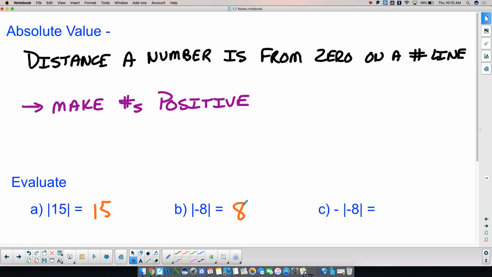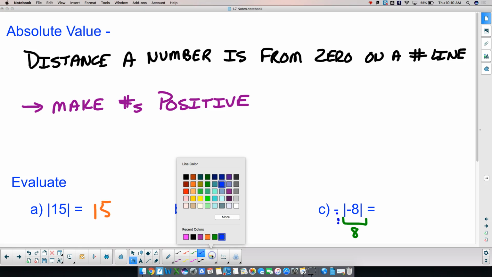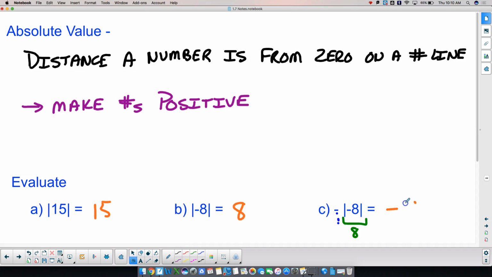What's the negative of the absolute value of -8? -8, because the part inside is 8, but then there's this negative sign yet. So the negative of the absolute value of -8 is -8.